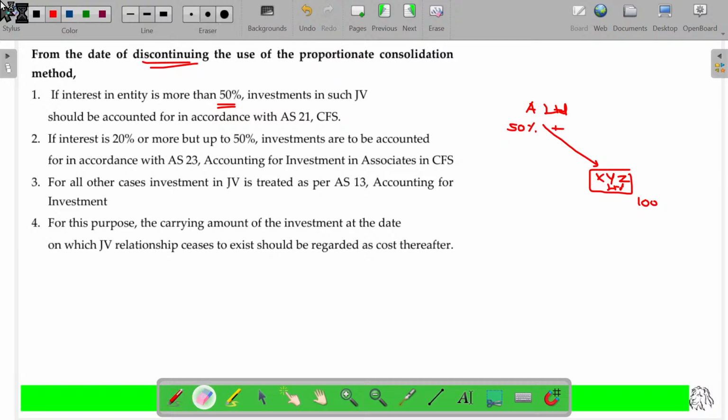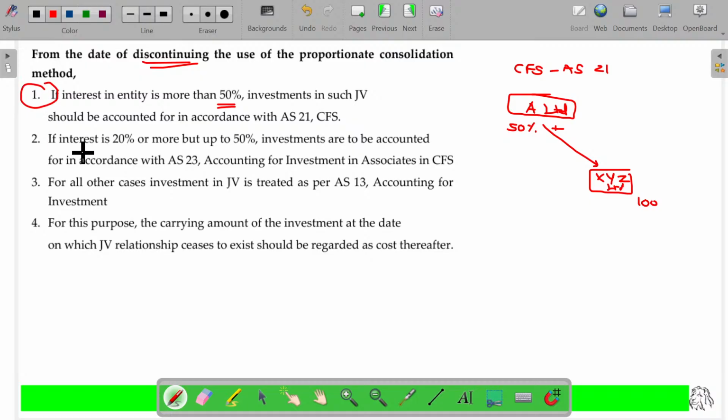Now A Limited should prepare what? CFS as per AS 21.